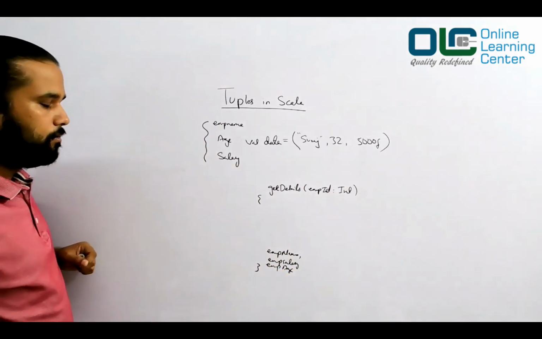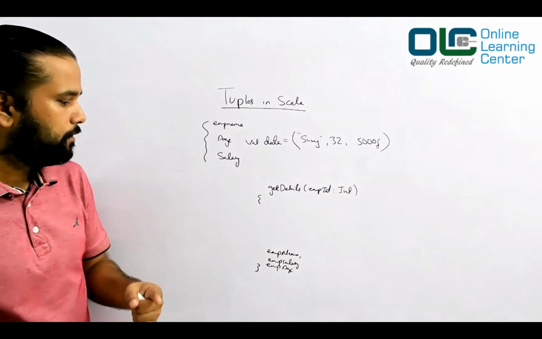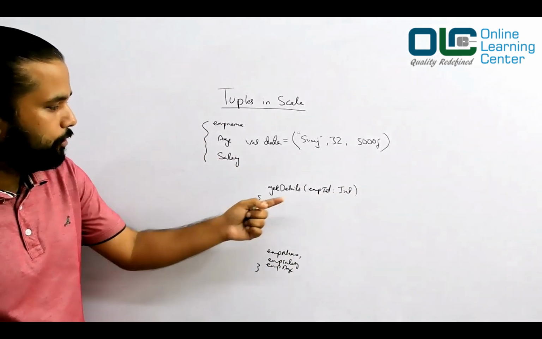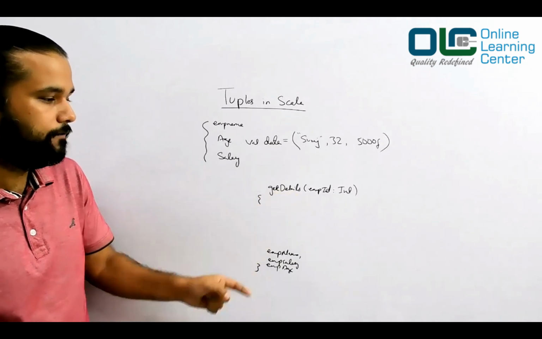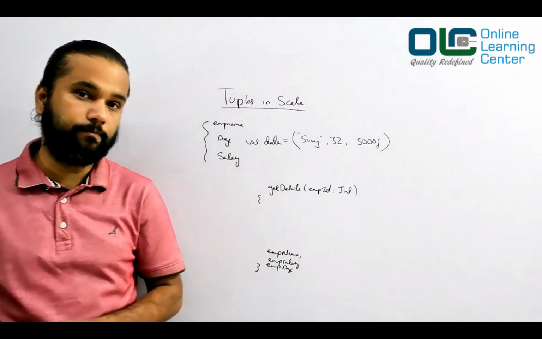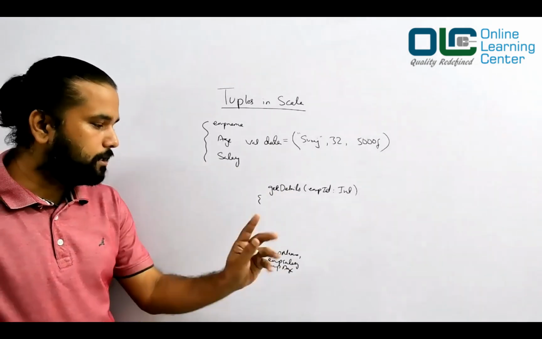Now, if you are a Java guy like me, how would you make your method return 3 different values? Practically not possible.